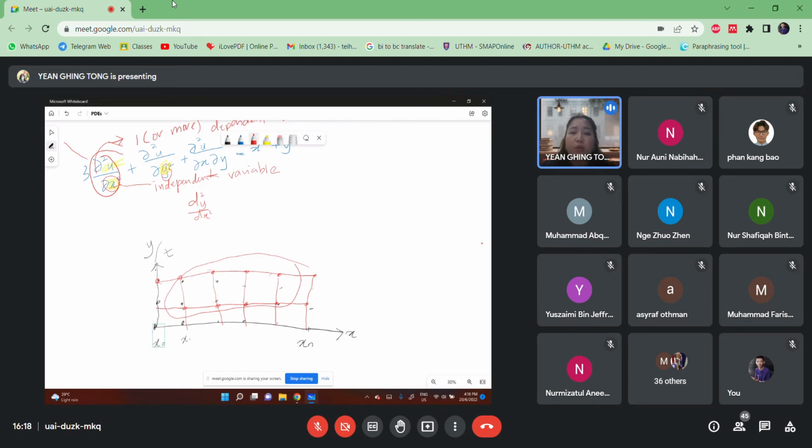Let's say the fire is over here, so we want to know the temperature at that particular location, and after how many minutes. So at that particular point of the bin, how much is the temperature? This is the basic idea.